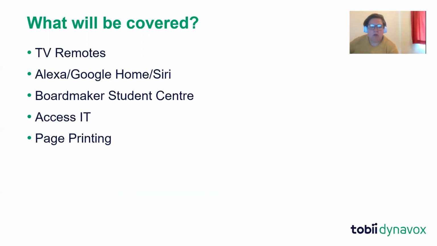We're going to briefly cover a few topics today: TV remotes, using Alexa, Google Home, and Siri, integrating Boardmaker Student Centre, a little gadget called Access IT, and I'm also going to highlight how we do page printing within Snap Core First as well.